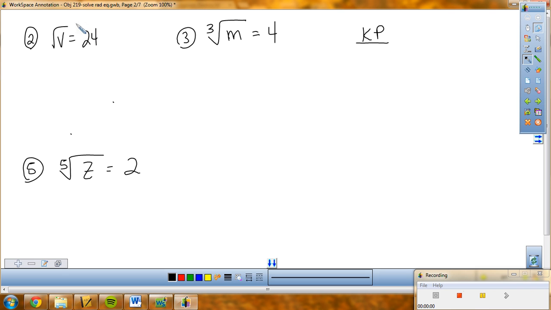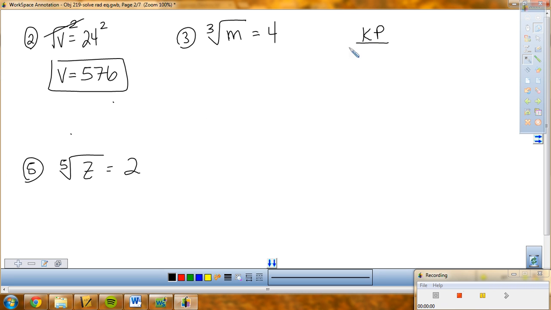But I do know that in order to get rid of the square root, I can use my inverse operation, and the opposite of square rooting is squaring it. If I do it on one side, then I do it on the other side, which is going to cancel and leave me with just my variable. And then I can type 24 to the second power in my calculator and get 576, which is a big square that I might not know by heart, but I still can figure it out by using inverse operations.